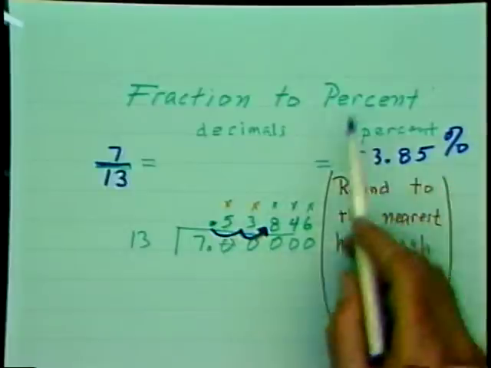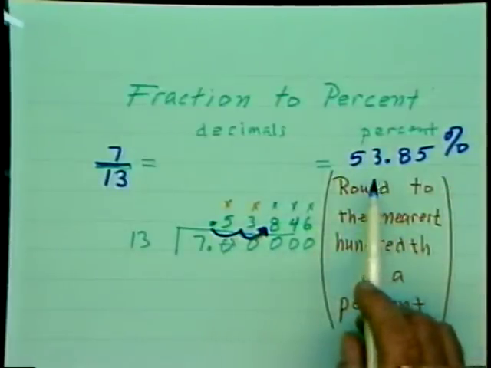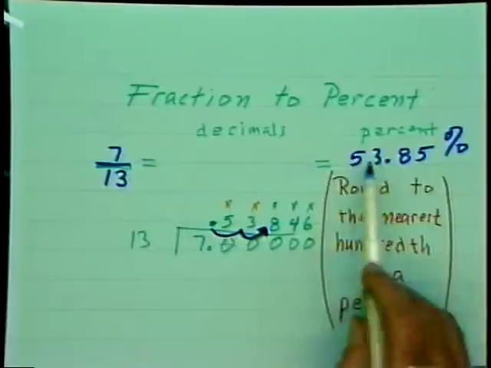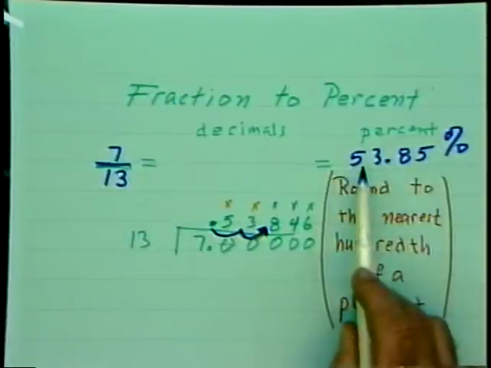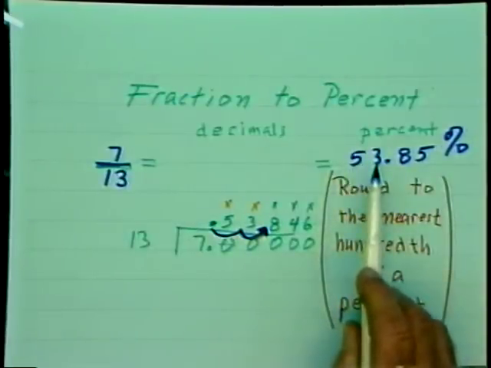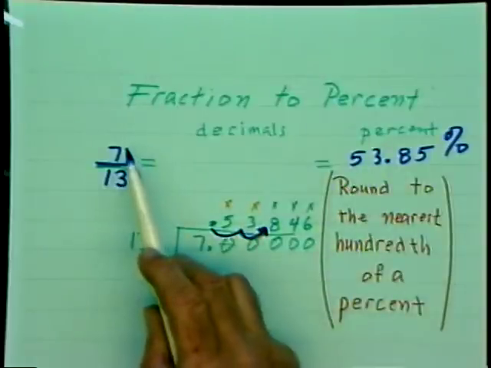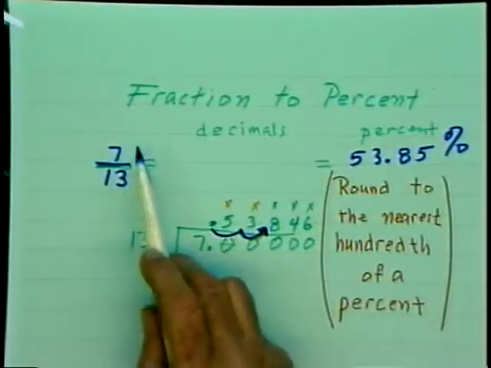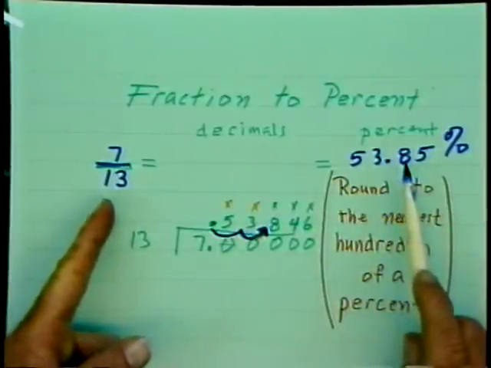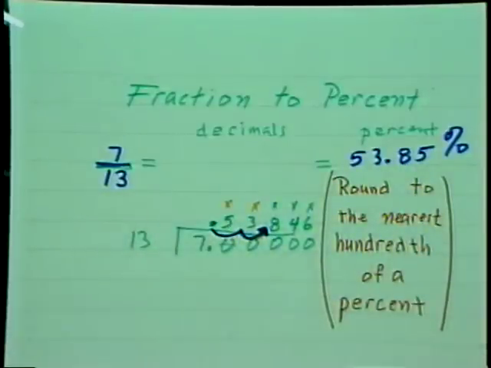Now let's see if this seems reasonable. That is what we've been calling in the ballpark. 50% is half. So 53% is just a trifle over a half. And 7/13 is a trifle over a half. So this at least seems reasonable, assuming that our division was done properly.